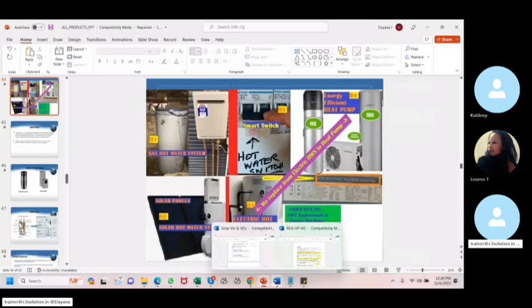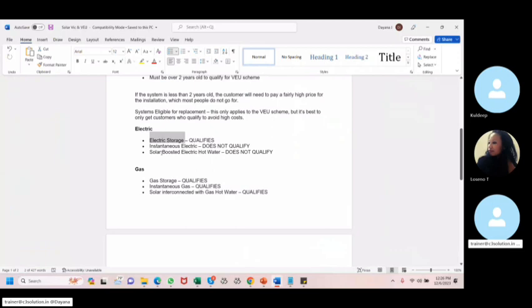If it is an instant electric hot water system running on electricity, then it does not qualify. If it is an instantaneous gas system, then it is qualified.